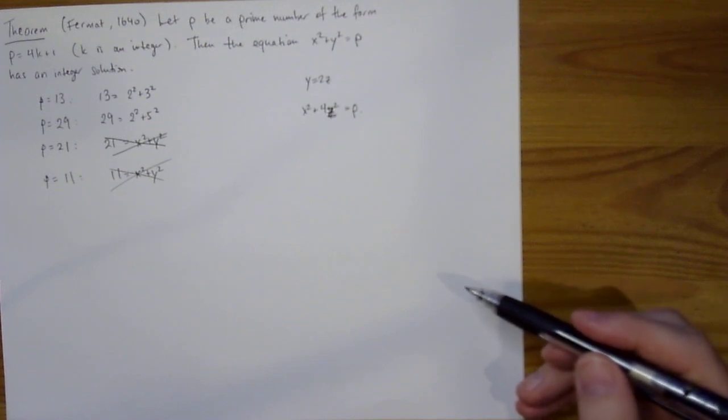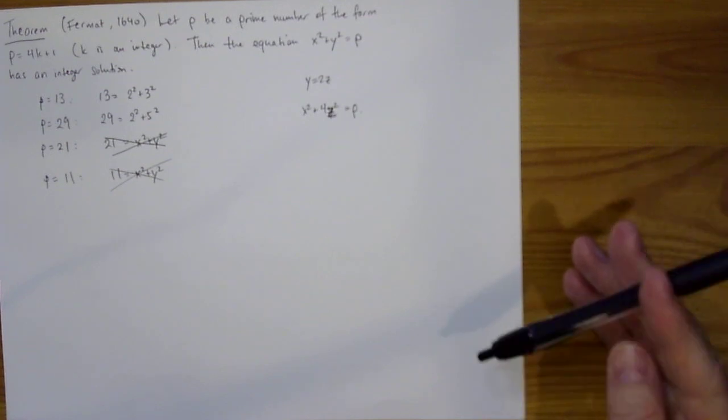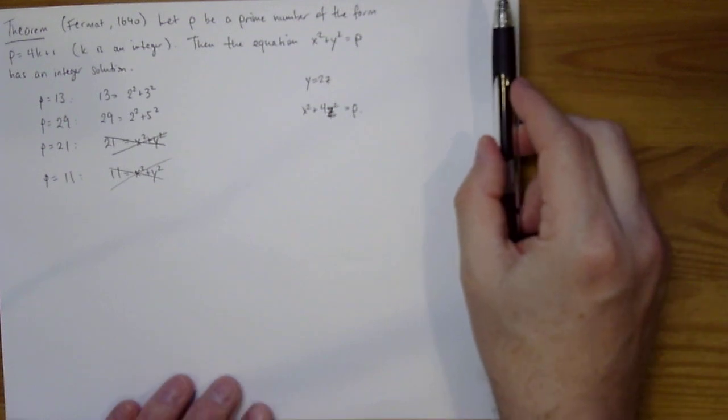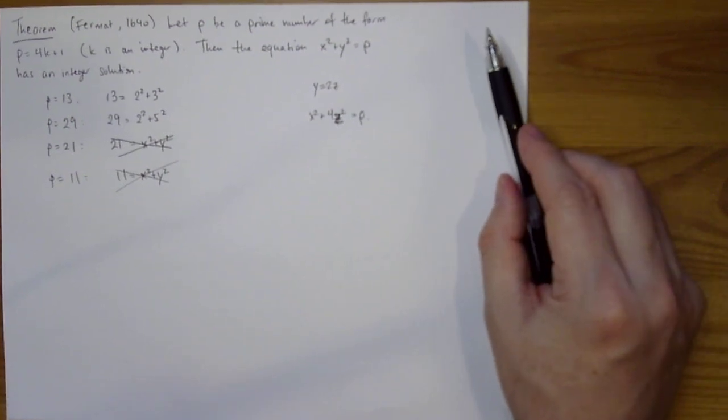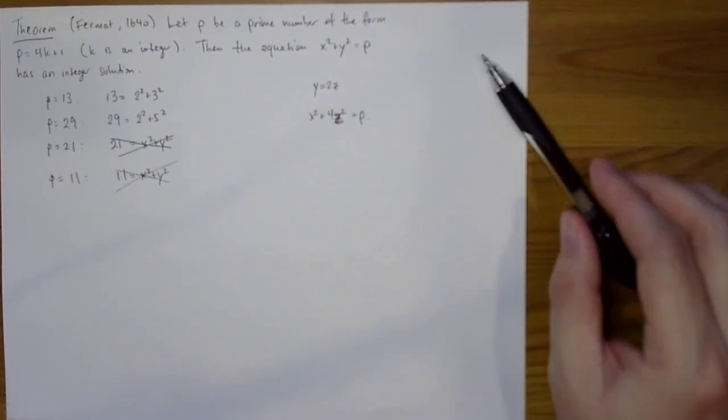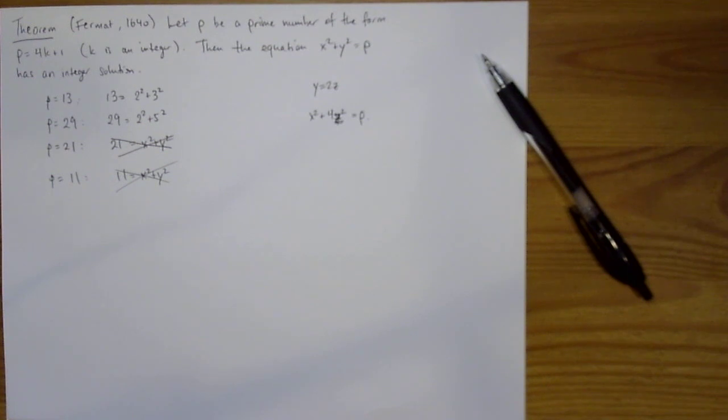All right, so here's how we're going to prove this. It's kind of clever, but the real cleverness comes at the end, as you'll see. Here's the idea, and it uses involutions. We're going to write down a finite set, and I'll tell you what that set is in a second.